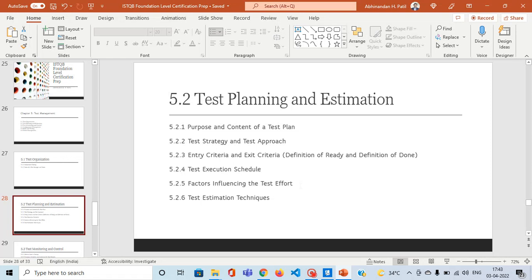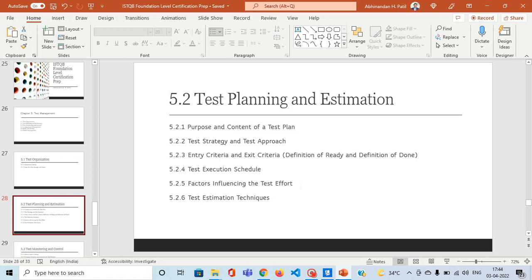And the cohesion and leadership also decide the effort involved: how cohesive, how closely the teams work together, and what kind of leadership is there. And in addition to that, the number and rate of the defects found and the amount of rework required govern the test effort.